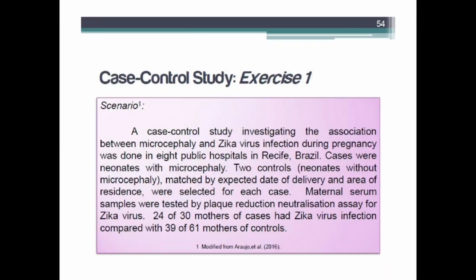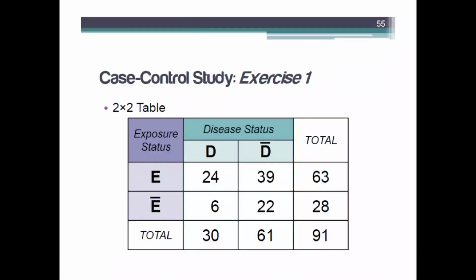And then this one naman is a case control study exercise na kailangan nyong sagutin on your own. Okay? So, you may pause the video, tapos you try to compute this on your own. Okay? So, kung nakuha nyo na yan, actually, nandito yung sagot dyan.